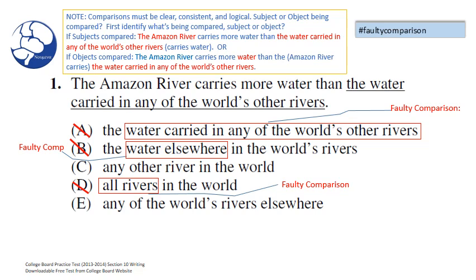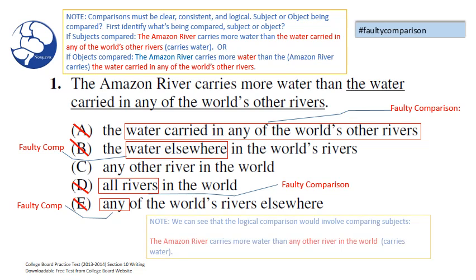Wow, that makes a lot of sense. Well, then what about E? I see E says any of the world's rivers elsewhere, but this seems off too. Well, let's see what's actually wrong with it. We have a faulty comparison for E as well, because what's being compared isn't clearly established.